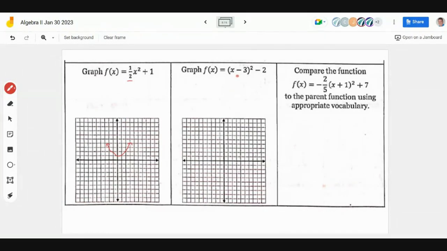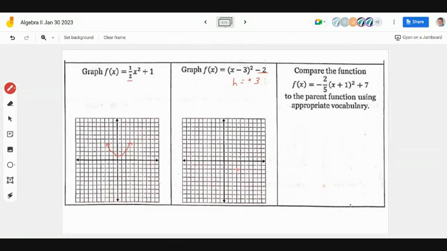We see this. There's no stretch or compression. We got an x minus 3, which means it moves to the left. I'm sorry, it moves to the right 3 because h is a positive 3, and it goes down 2.